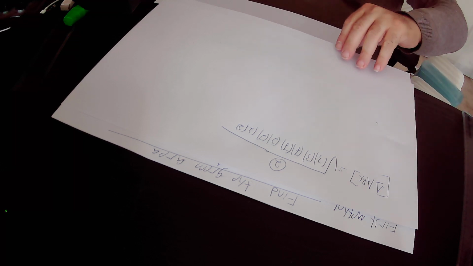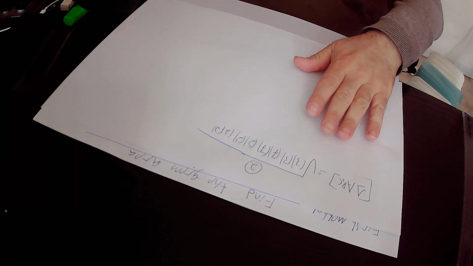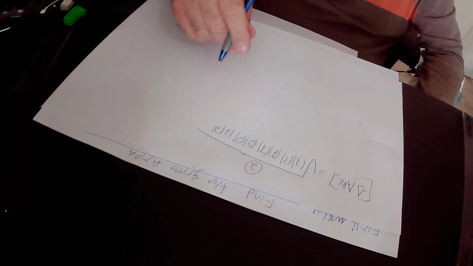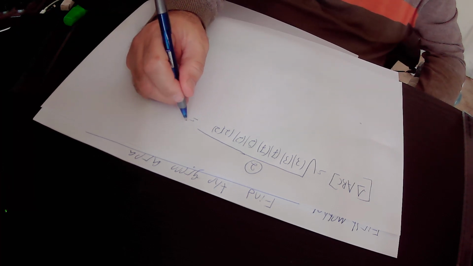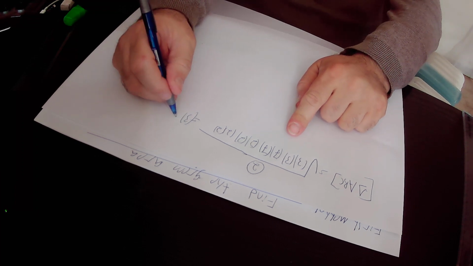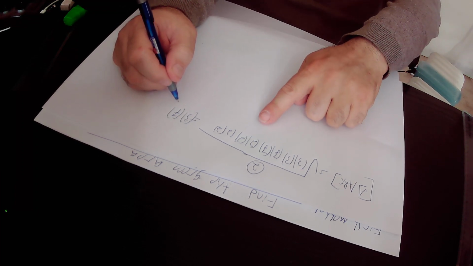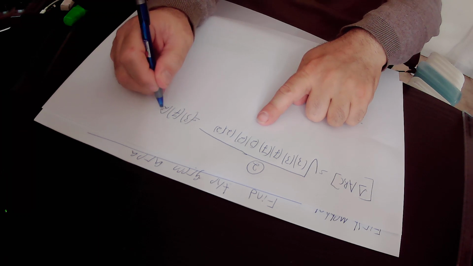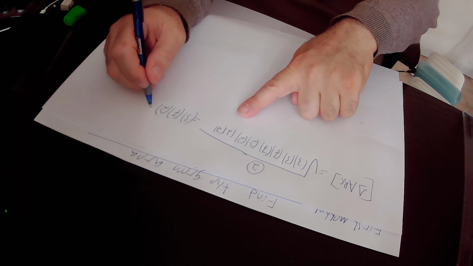Okay, we just arranged the numbers inside the root in a different way. The square root of 3 times 3 is 3, and the square root of 7 times 7 is 7, times the square root of 2 times 2 is 2, and again we have the square root of 2 times 2, that is 2.